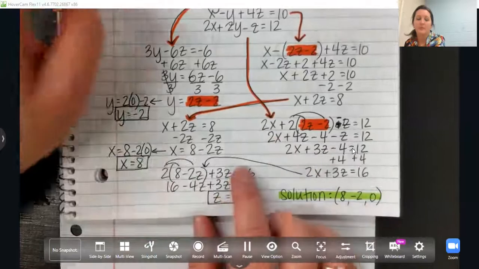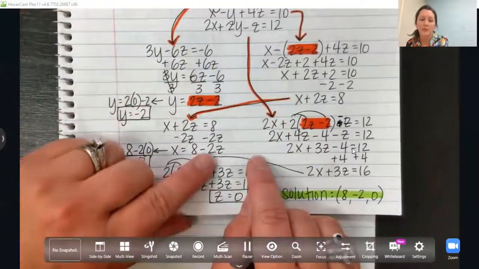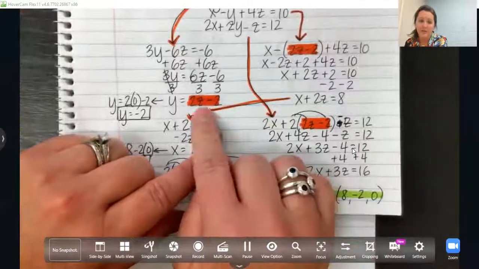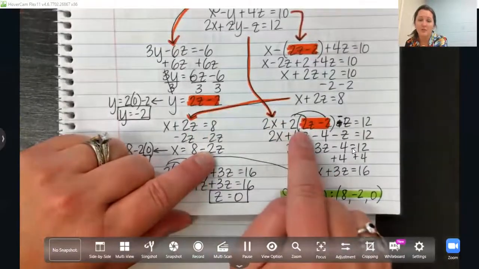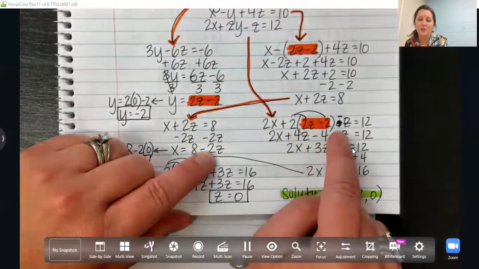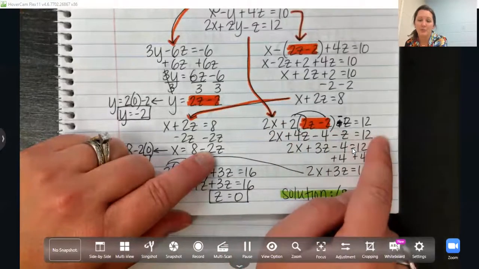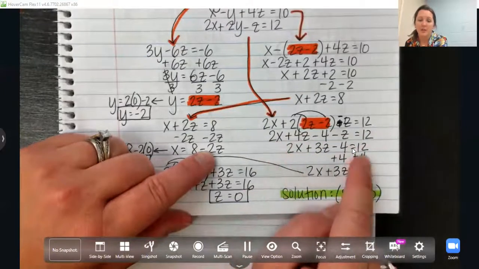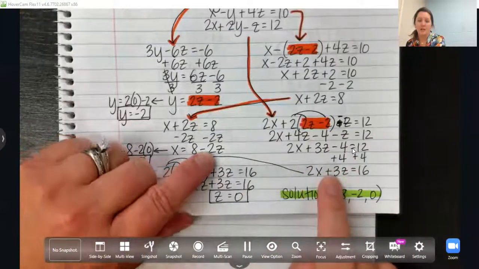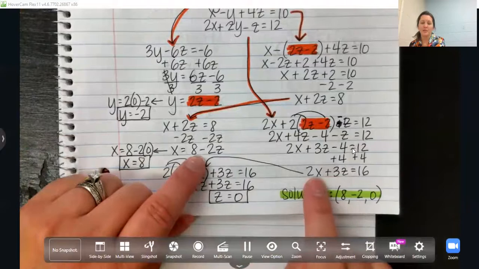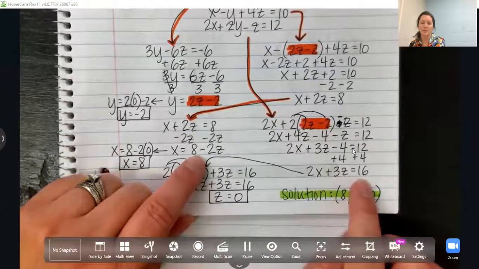Oh, here's my train of thought. Sorry about that. I'm going to grab my third equation and also use this 2z minus 2 to substitute. So we have 2x plus 2 times 2z minus 2 minus z equals 12. Distribute out that 2, put our like terms together, add 4 to both sides. So now we have two equations, right? I have x equals 8 minus 2z, and I have 2x plus 3z equals 16.